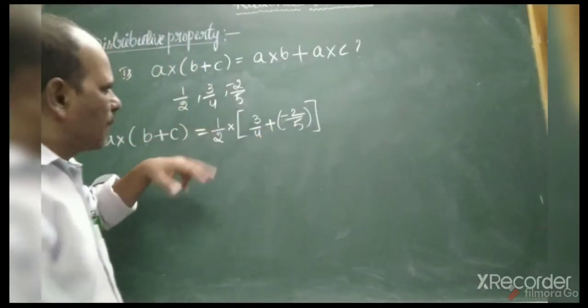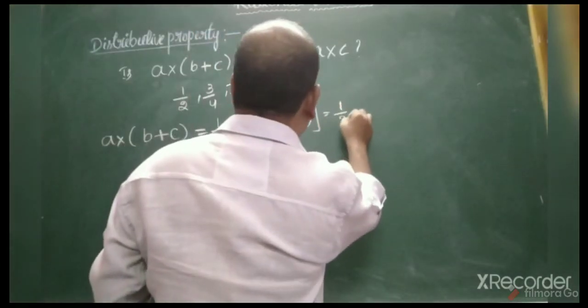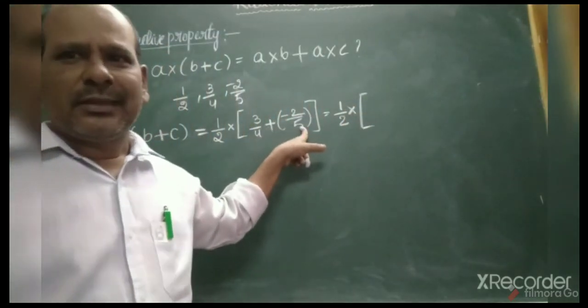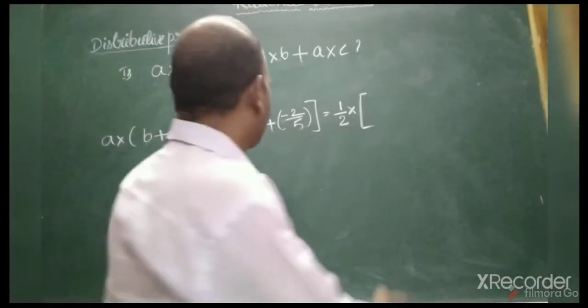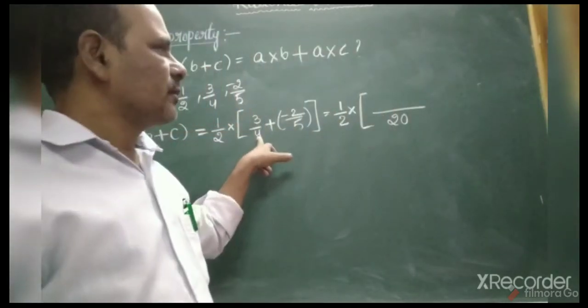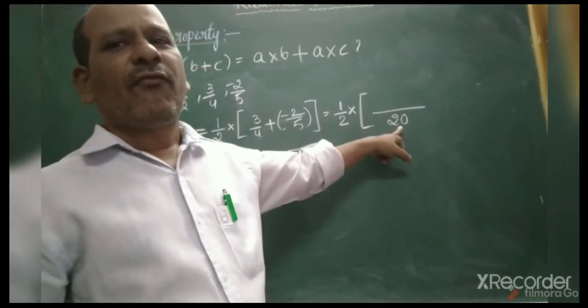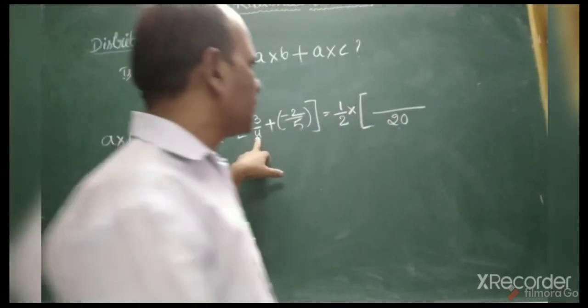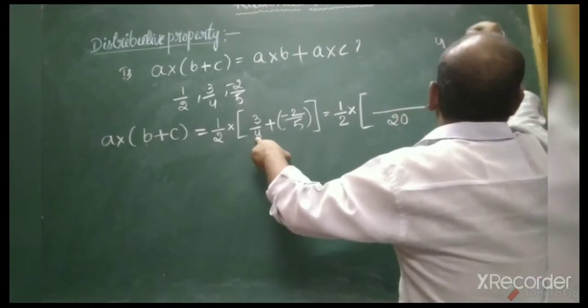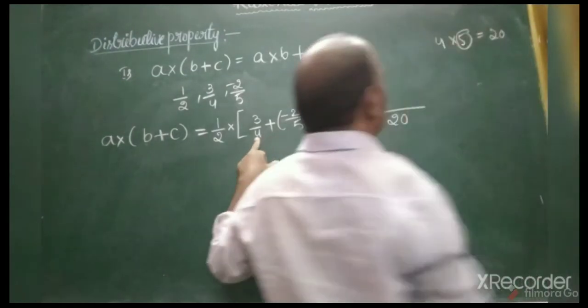Now, 1 by 2 into, 4 and 5. The LCM of 4 and 5 is 20. This 4 comes in 20 five times, 4 fives are 20.